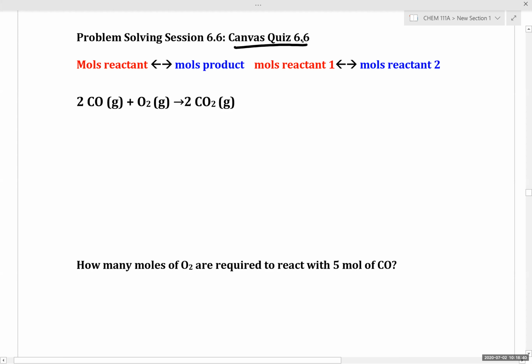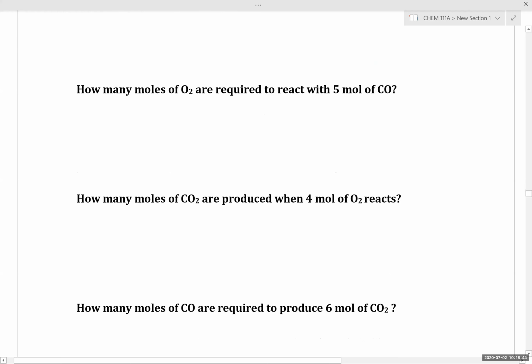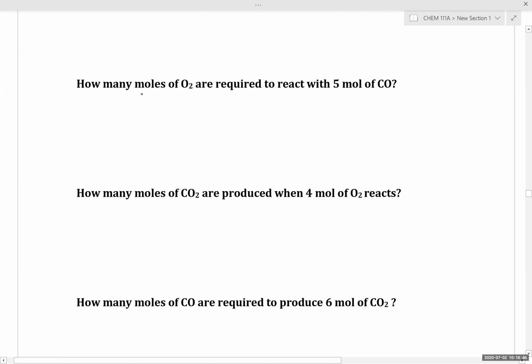And I'd like you, given the following chemical equation, to answer the following 3 questions. So how many moles of oxygen are required to react with 5 moles of carbon dioxide? How many moles of carbon dioxide are produced when 4 moles of oxygen react? And how many moles of carbon monoxide are required to produce 6 moles of carbon dioxide?